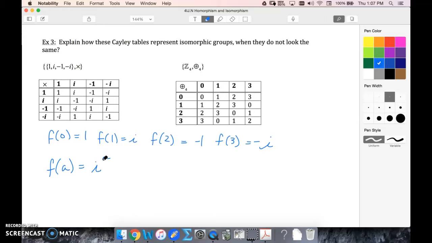If a is 0, I get 1. If it's 1, I get i, squared, -1, i cubed, -i. So I've got my function. All right. So this is our function. It's going to map from our integers, mapping to our set of 1, i, -1, -i.